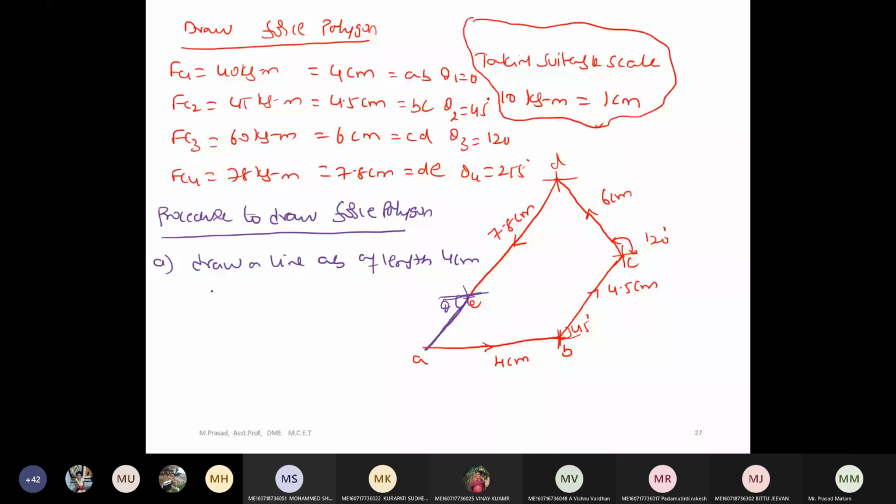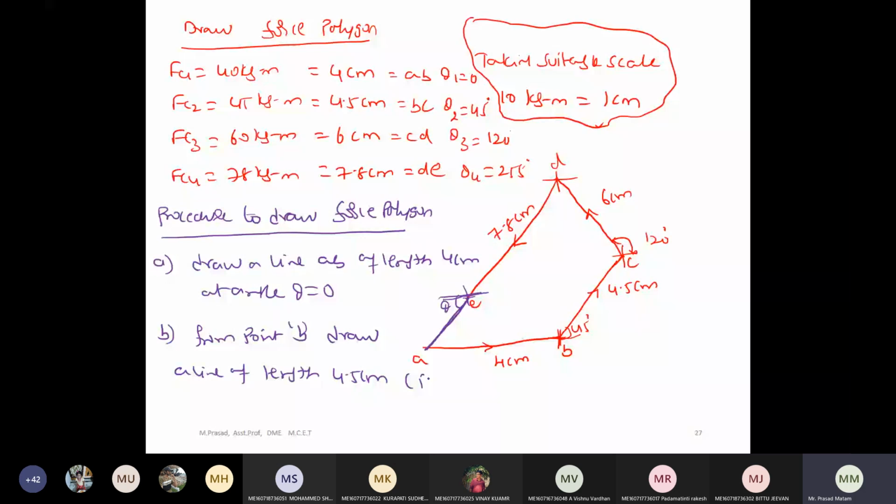Second step: from point B, draw a line of length 4.5 centimeters, that is BC is equal to 4.5 centimeters, at an angle theta equals to 45 degrees.